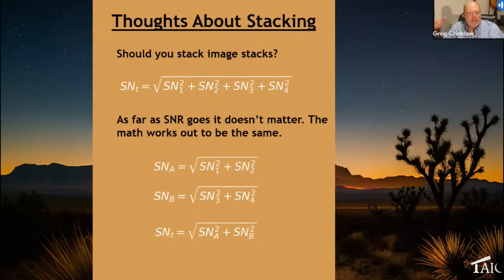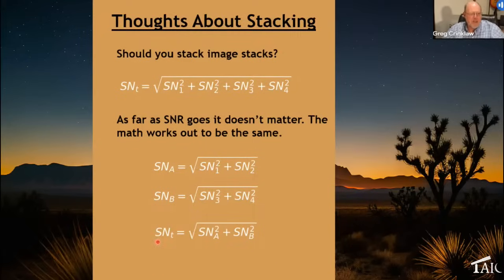So should you stack image stacks? Again, looking at the math, this is how we would stack 4 images together. Let's take 2 at a time. This would be the signal to noise ratio for the first 2 images. This would be the signal to noise ratio for the second 2 images. And then this would be our final signal to noise ratio, where we just stack the 2 stacks together.